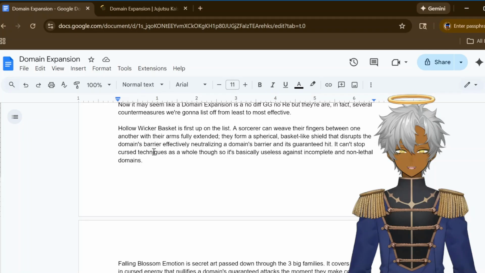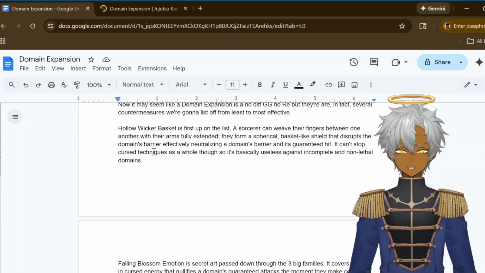And that's because the barrier that is made for the sake of a domain expansion has the innate technique applied to it with essentially an innate binding vow saying that the attack has to land.